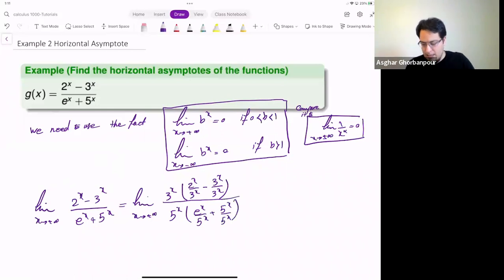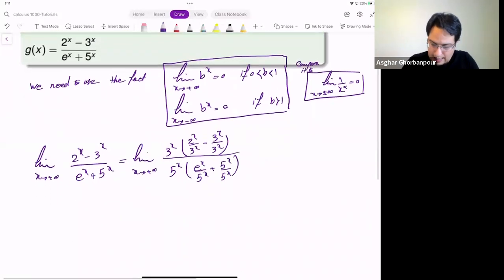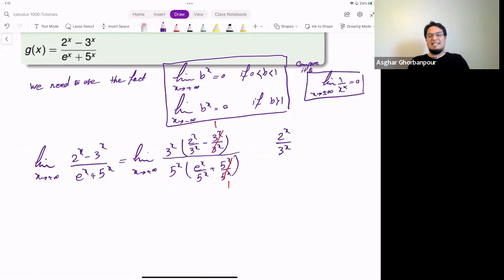But then I see there are nice things coming our way. But how about 2 to the power x over 3 to the power x? This is exactly the mathematical way of seeing how 3 to the power x grows faster than 2 to the power x as x goes to plus infinity. And this is how we do it. This is the same thing as 2 over 3 to the power x.